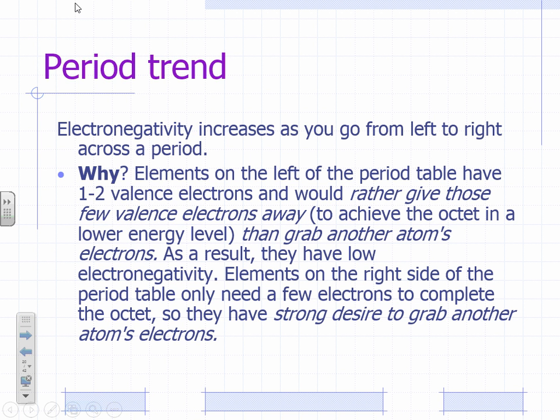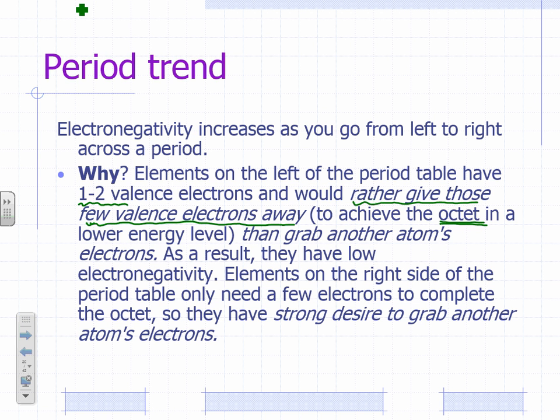So why was that? Another way of explaining this is to pick specific examples. Elements on the left of the table have 1 or 2 outer shell electrons and would rather give those electrons away to achieve octet, to achieve noble gas configuration, which is stable.